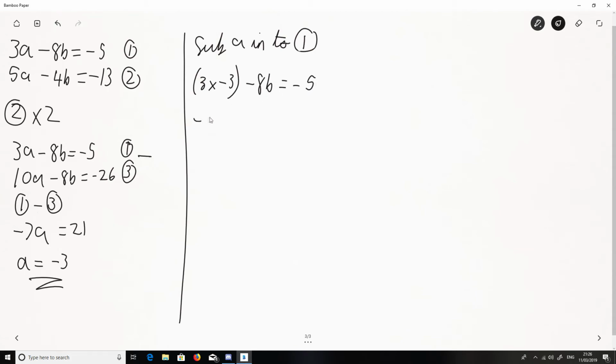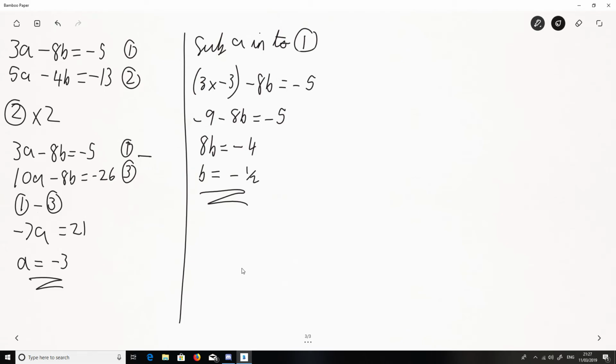So this is minus 9 minus 8b equals minus 5. So we want to rearrange this, so we get 8b on that side and then add 5 to this side, so 8b equals minus 4. So b equals minus 1/2. And there's our solution for b.